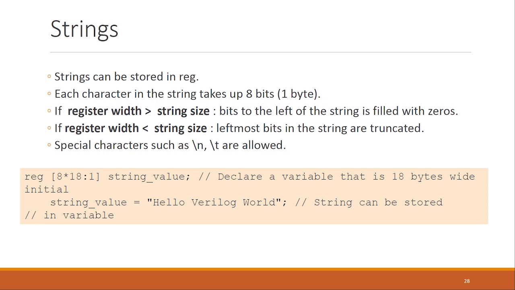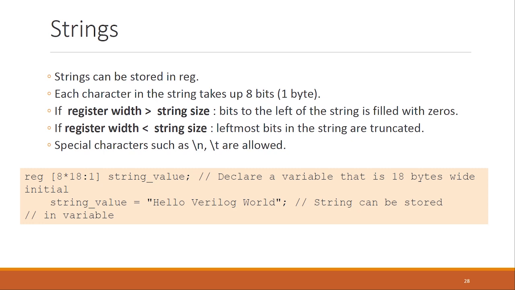Each character in the string takes up 8 bits, that is 1 byte, and if register width is greater than string size, bits to the left of the string are filled with zeros, and if register width is smaller than string size, leftmost bits in the string are truncated. And special characters such as new line character and tab character are allowed in Verilog as well.